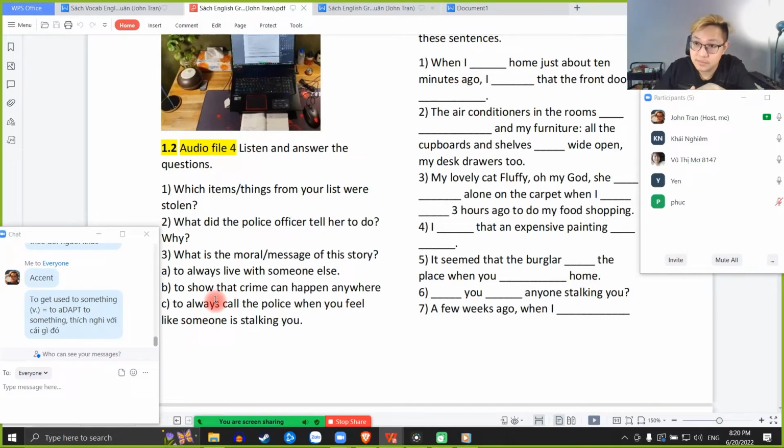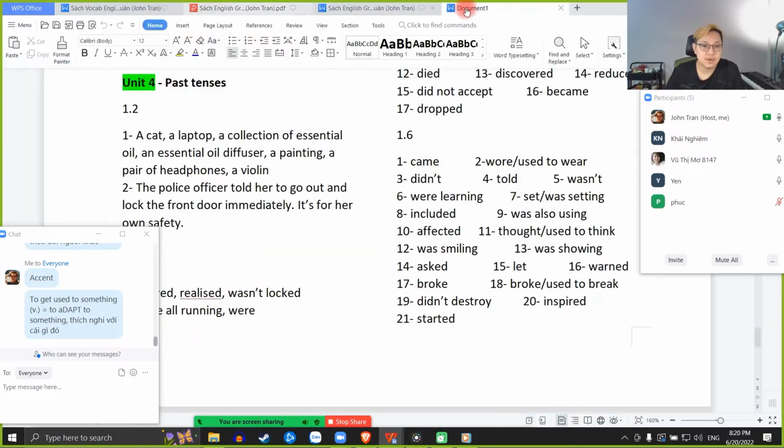Remember. No. The police officer actually told her to go out and lock the front door immediately. Why? Because it is for her own safety. Người cảnh sát này nói cho cô biết là đi ra ngoài và khóa cái cửa chính ngay tức khắc.